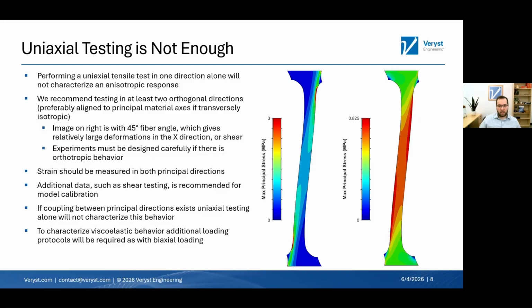One of the main things for anisotropic testing is that quite often uniaxial tensile testing isn't enough. Performing a uniaxial tensile test in one direction will be insufficient because you're not probing that directional mechanical behavior. We recommend testing at least two orthogonal directions, preferably aligned to the material principal axis if it's transversely isotropic.